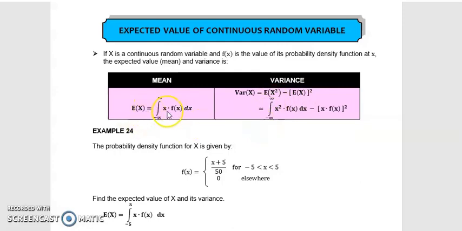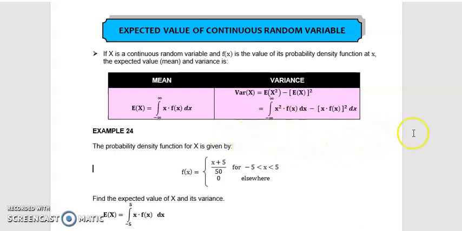If E(x) is x multiplied by f(x), then E(x squared) will be the integral of x squared, so you square x here, multiplied by f(x) dx, minus the mean value squared. And here you add dx, integrating with respect to x.